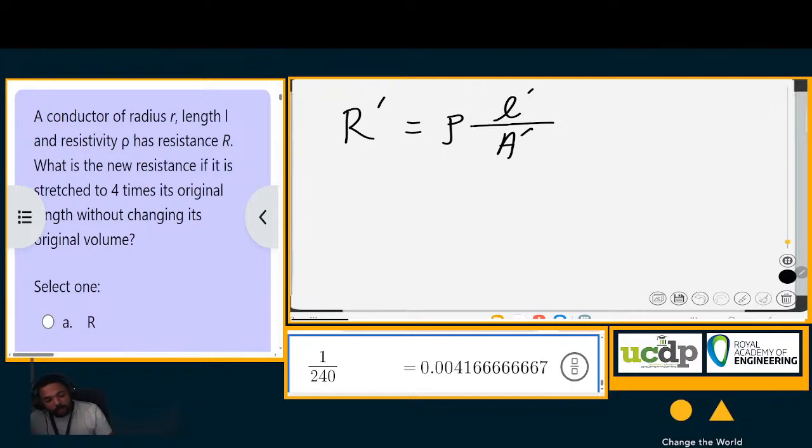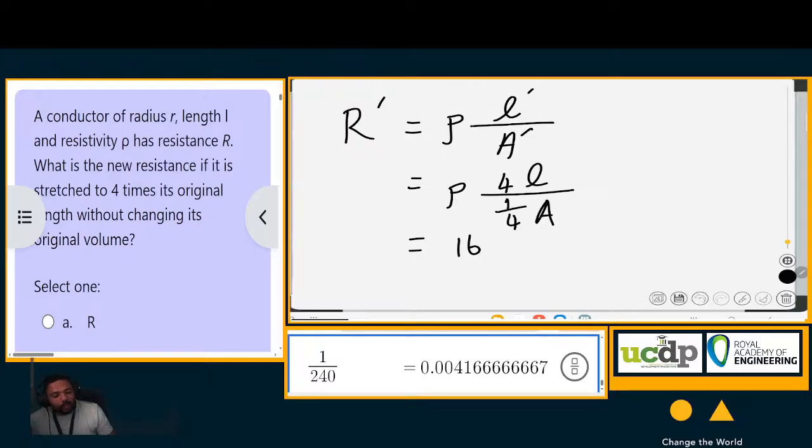We've already established that L prime is 4 times the original length, and that A prime, the new area, is a quarter of the old area. So 4 divided by a quarter, that is actually 16. 4 divided by a quarter: a quarter goes into 1 four times, there are four of them, so it's 16.